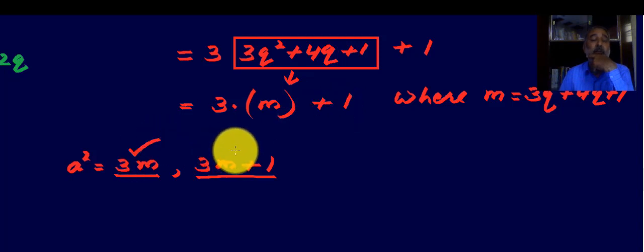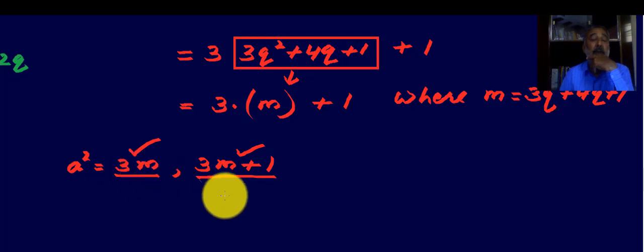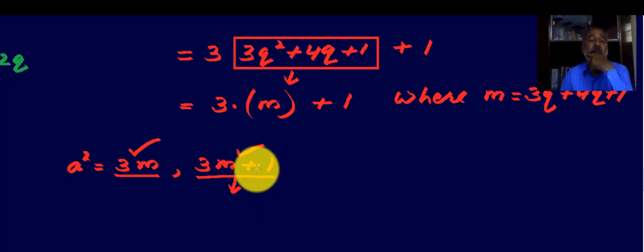In case number 1, where you have taken the value of A as 3q, 9q square gave us this form. In cases 2 and 3, we showed that the square of 3q plus 1 and 3q plus 2 came in the form 3m plus 1.